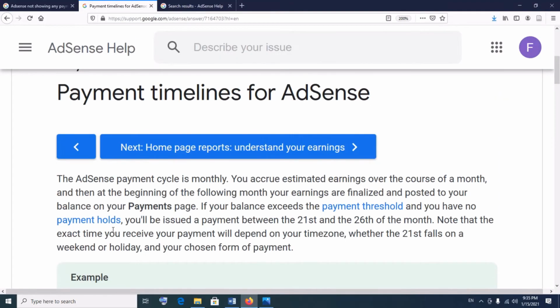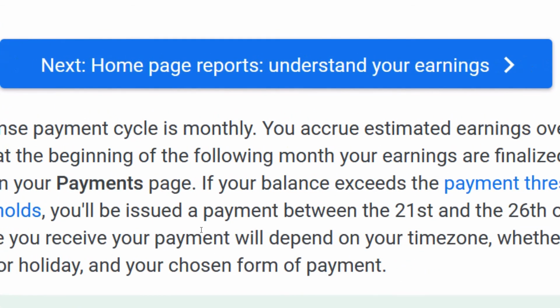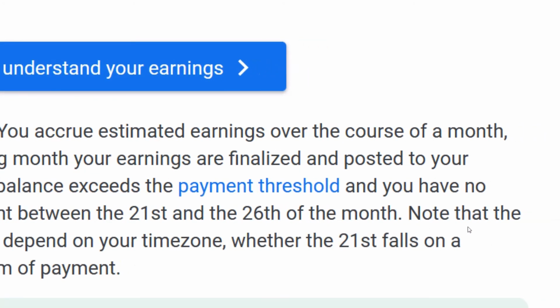So let me finally read it. Okay, so they are saying that you will be issued a payment between the 21st and the 26th of the month.